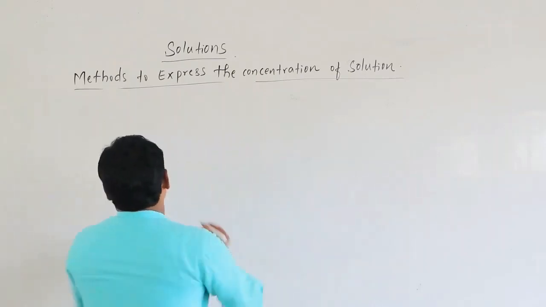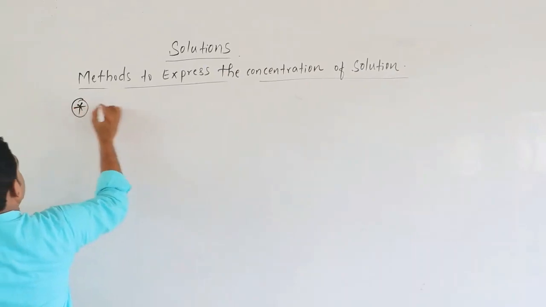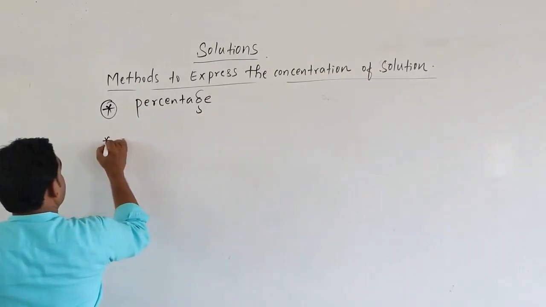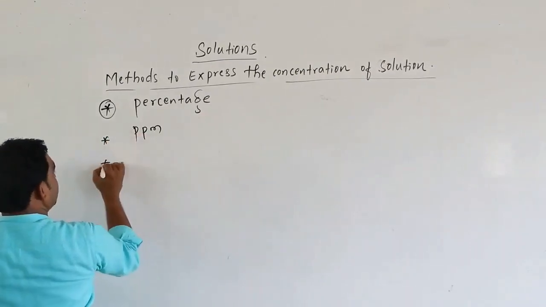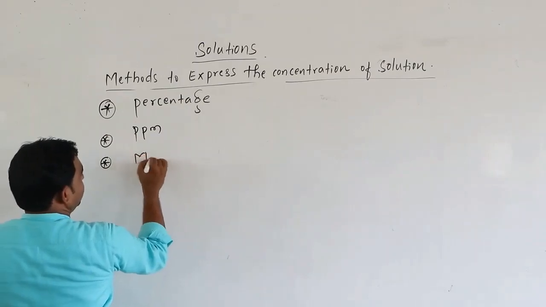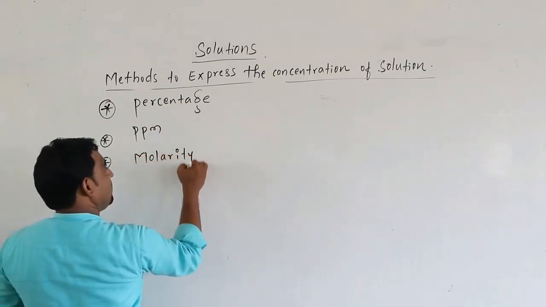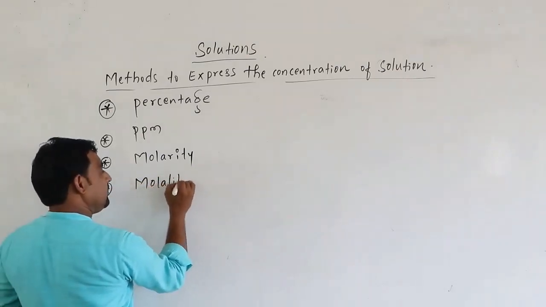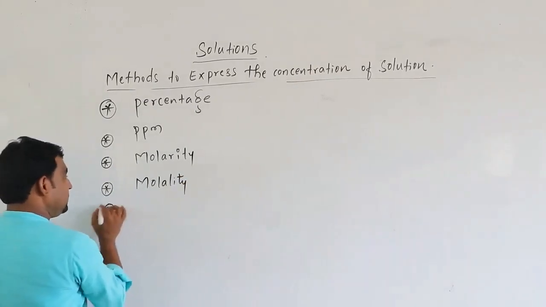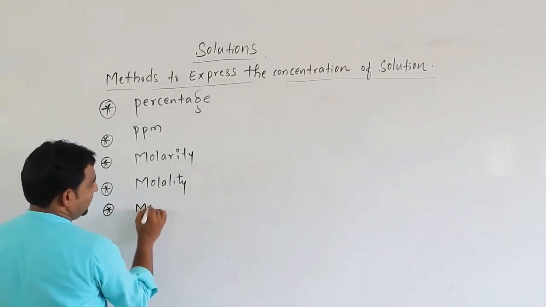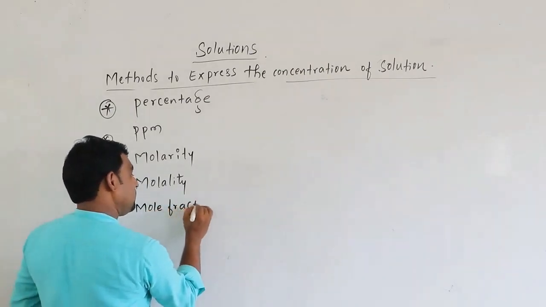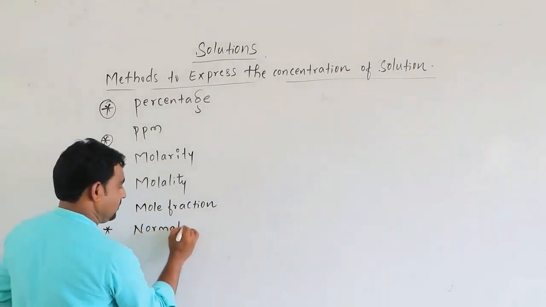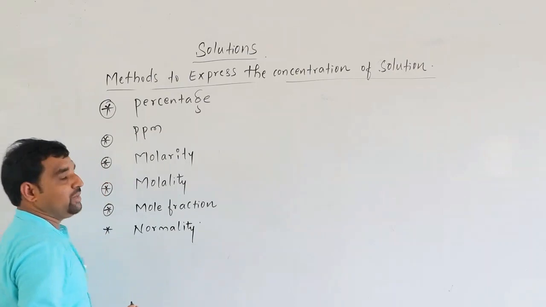Now, first we will discuss that. Among that, first one is what? Percentage, and the second one is ppm, and third one is molarity, fourth one is molality, and the fifth one is mole fraction, and sixth one is normality, and one more, formality, is also there.